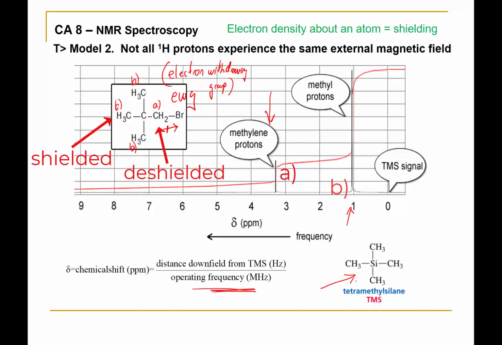Well, notice that you've got methyl groups attached to a silicon. Silicon has an electronegativity of around 1.9, whereas a carbon has electronegativity around 2.5. So actually the carbon is more electronegative. So I'm going to go delta negative here, delta negative, delta negative, and the silicon will be delta positive.